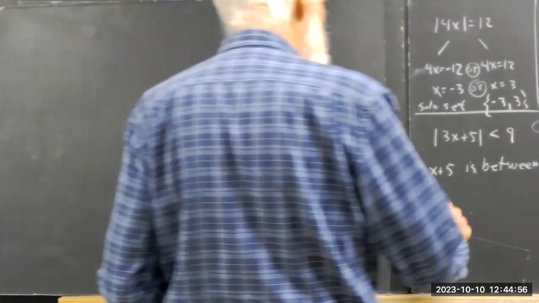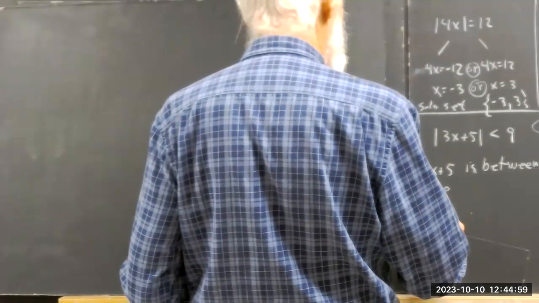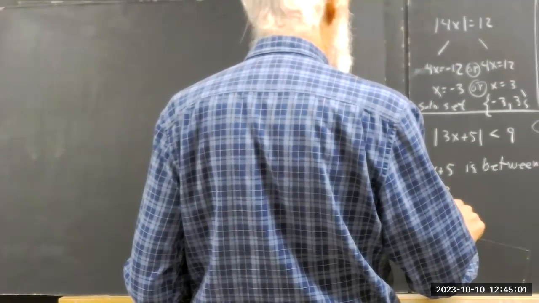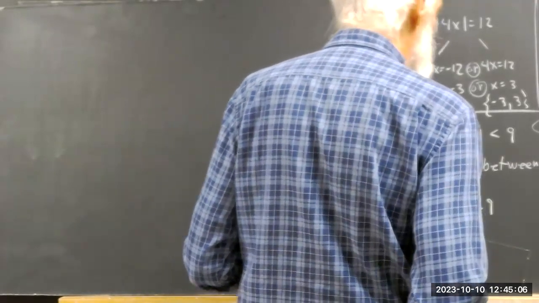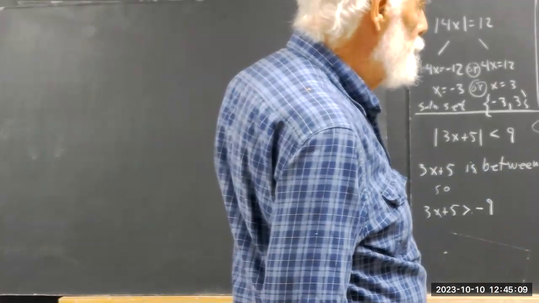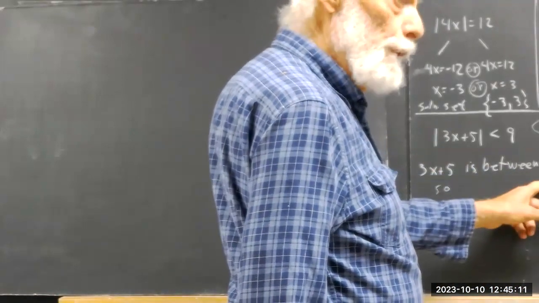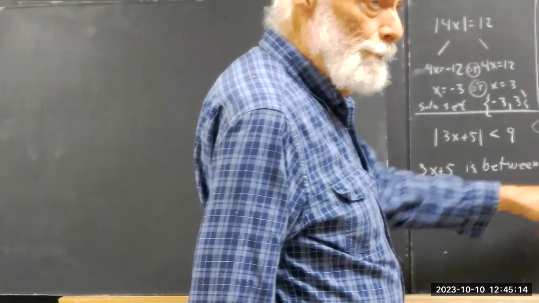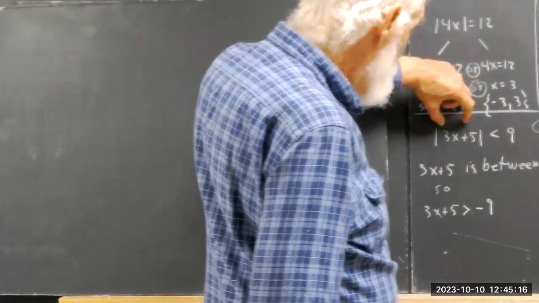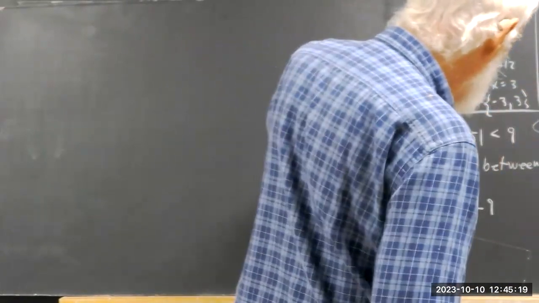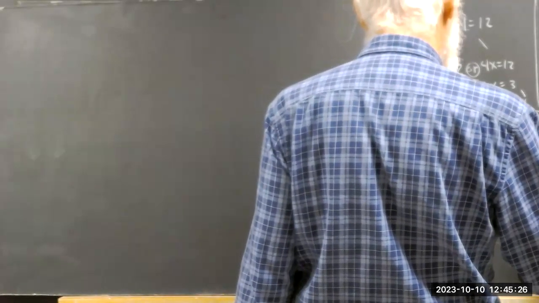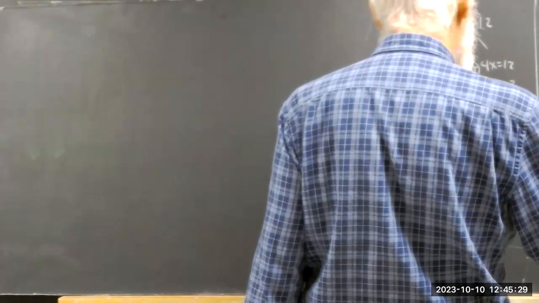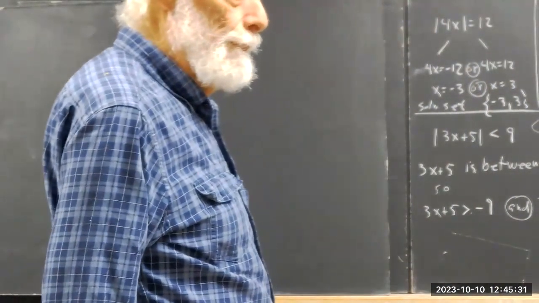Meaning between negative 9 and 9, any number between there is greater than negative 9 and less than 9, right? So if this number, 3x plus 5, is between negative 9 and 9, then it's greater than negative 9 and it's less than 9. Okay.